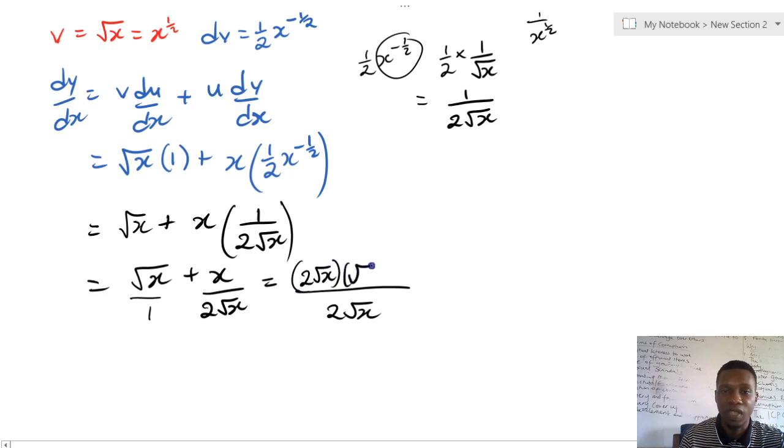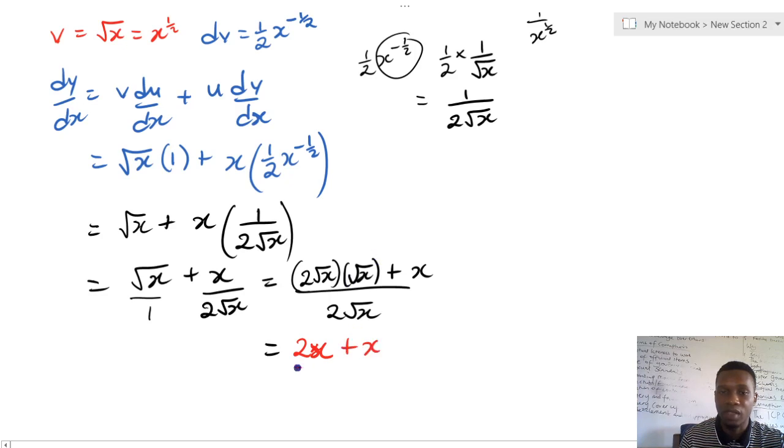Let's just leave it like this first, then we'll open it later on. And here will still remain as x. So when we come down here, 2 root x multiplies with x, is x cancelling x, right? So it will be 2 multiplying x, or just 2x, because the square root will multiply the square root and it cancels out.